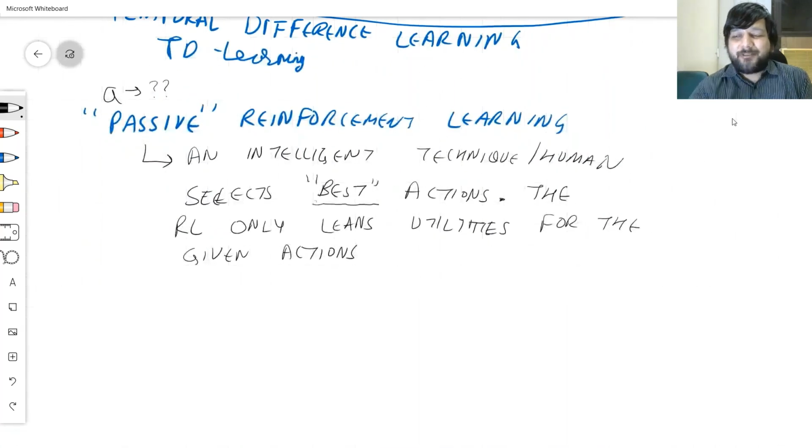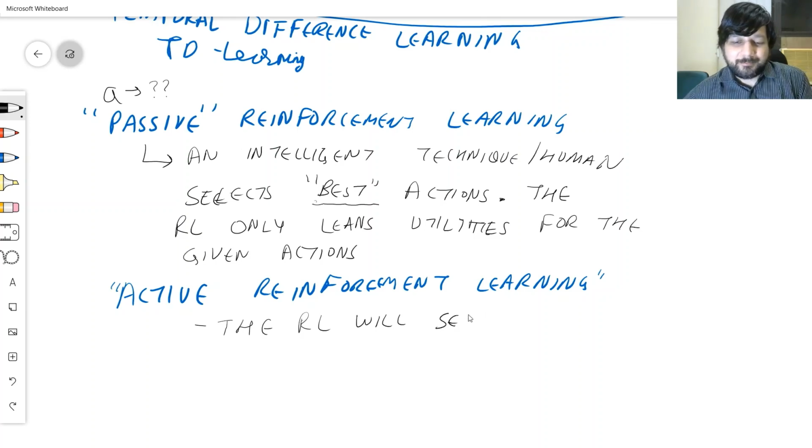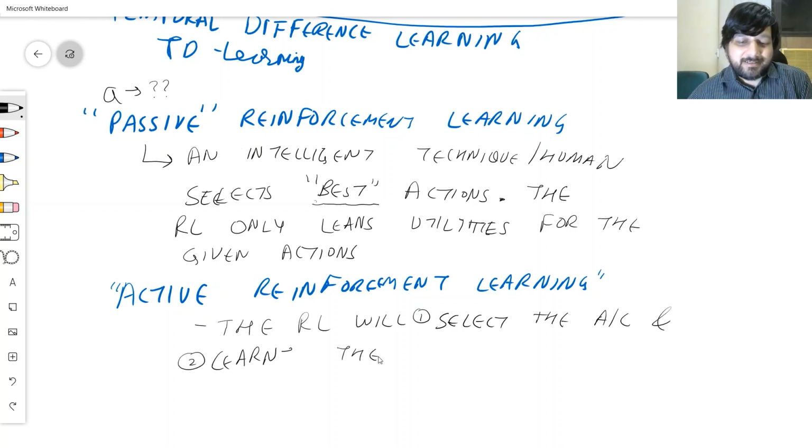Later on, what I will do is, of course, change it into active reinforcement learning, where the reinforcement learning technique will move the agent, or select the actions, and learn the utilities and policies. So both of them happen simultaneously.